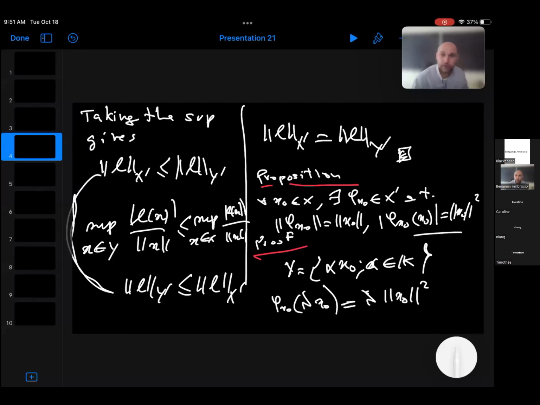So first it has to be a linear functional, and two, it has to verify that. So I have no other choice.